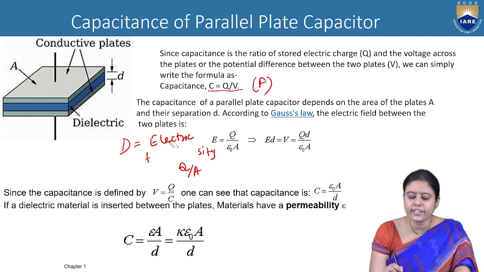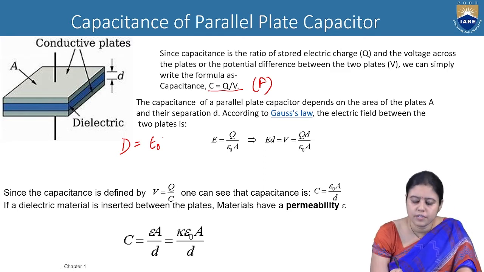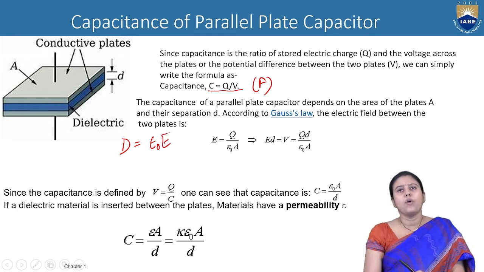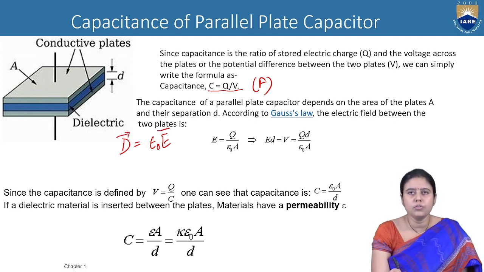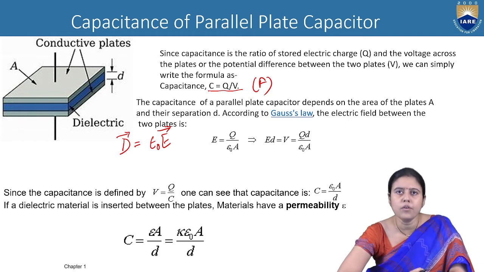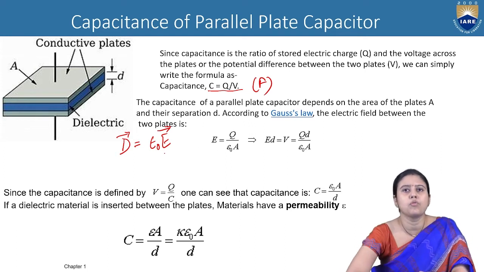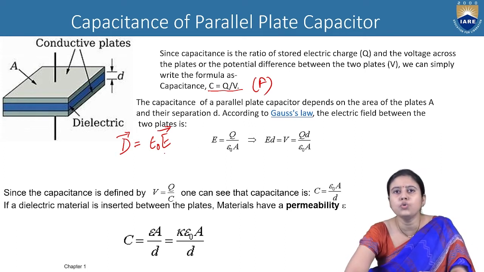Another relation we know from unit 1: D is equal to epsilon 0 into E. If it is air, we write epsilon 0. If it is not air, it will be D equals epsilon into E. Already we know this formula.